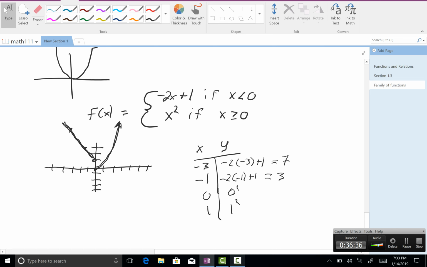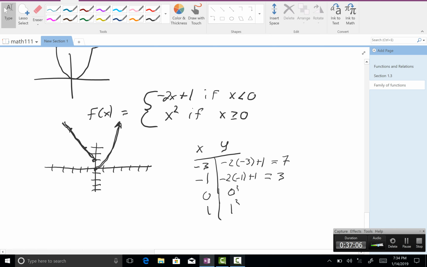You have to hit the little up arrow for capital letters. Right here is a colon. In mathematics, a colon stands for such that. So what we're saying is, what we're going to put next is the function. So what do I have? Negative 2x plus 1. There's the first piece. You can see it drew it already.